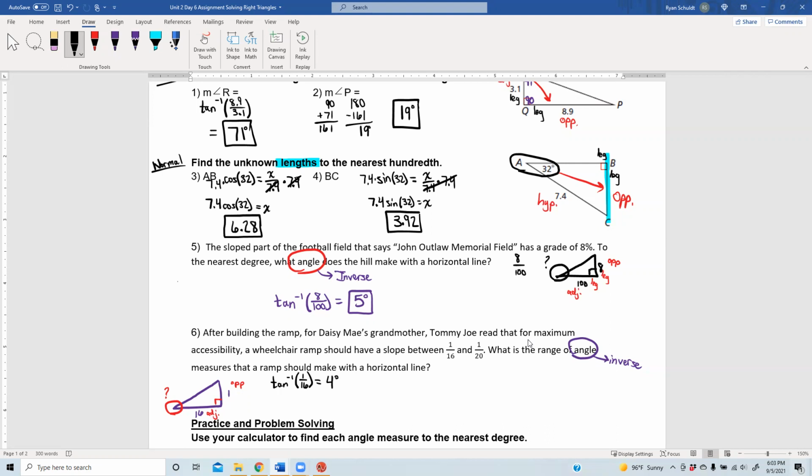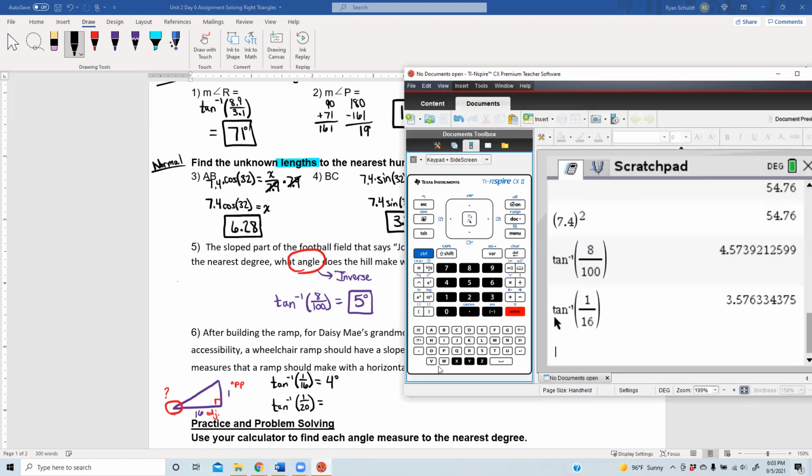Now, it's going to be the same process, except instead of 1 over 16, you're going to have 1 over 20. So I'm not even going to draw a new picture. I'm just going to write it here. Tangent inverse of 1 over 20, because it's the same process. 2.86 degrees rounds to 3 degrees.